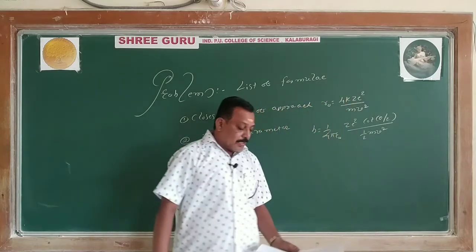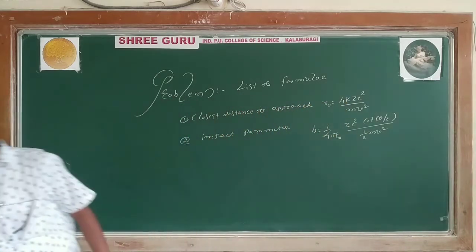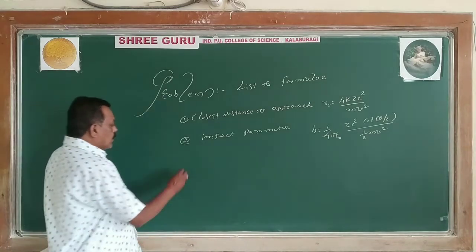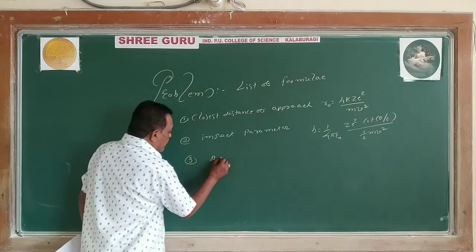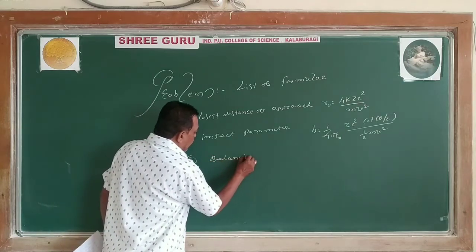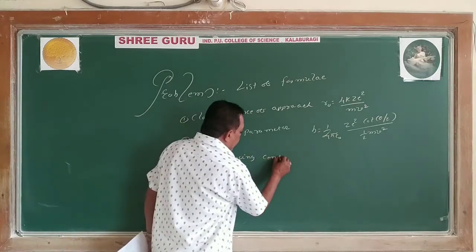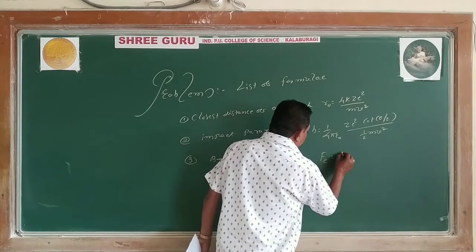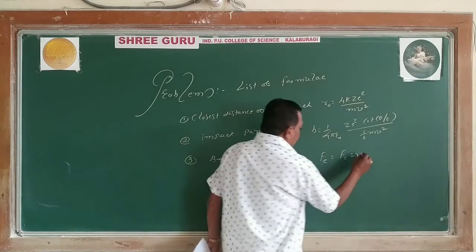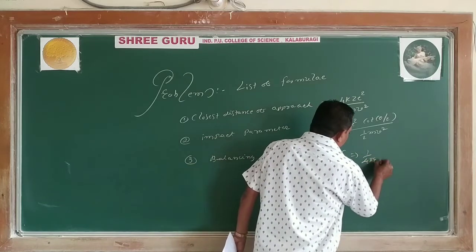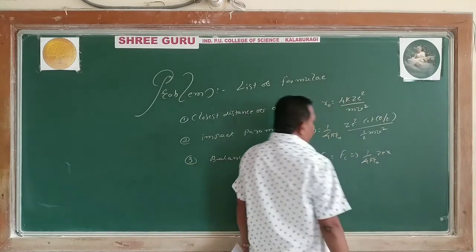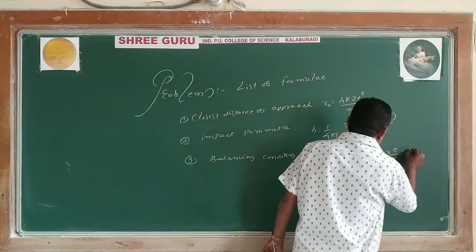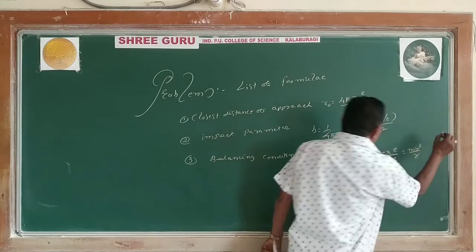Then after that, we come across Bohr's atomic model. In Bohr's atomic model, the balancing condition is that the electrostatic force is balanced by the centripetal force: 1 divided by 4 pi epsilon naught, Z into e divided by r square, is equal to mv square by r.